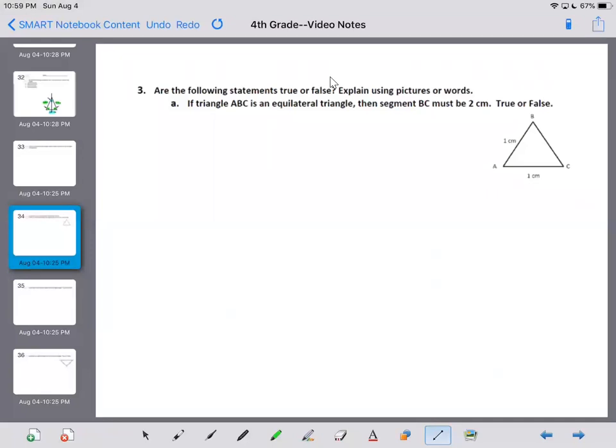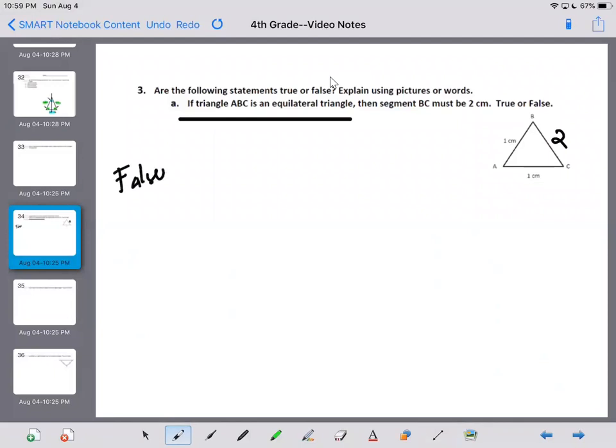But for number 3, is triangle ABC an equilateral? If triangle ABC is an equilateral, then segment BC must be 2. True or false? Well, this is a false statement. Why?